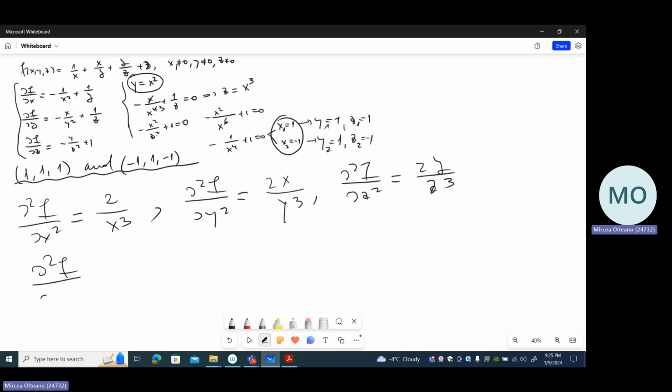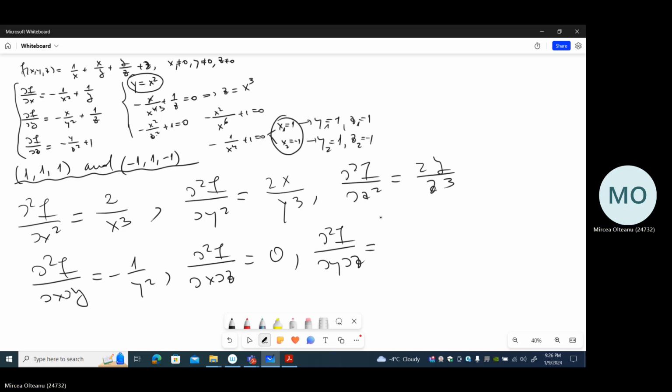The order of differentiation doesn't matter. This is 0. And with respect to y and z, they are minus 1 over z squared.